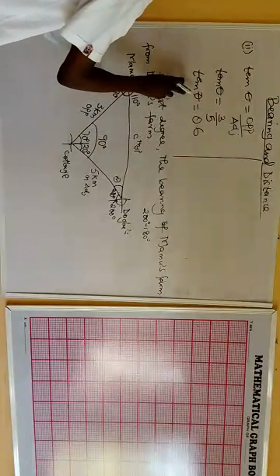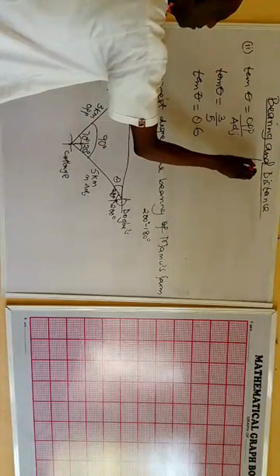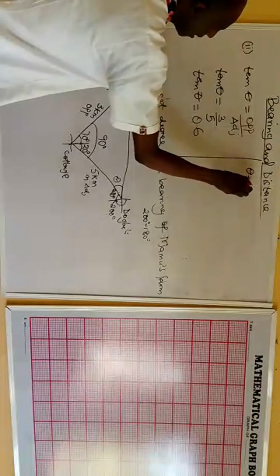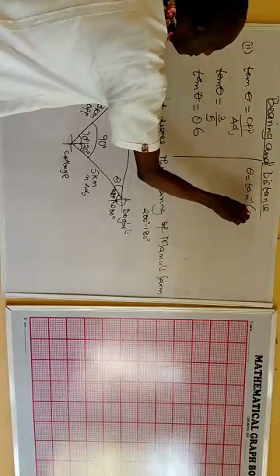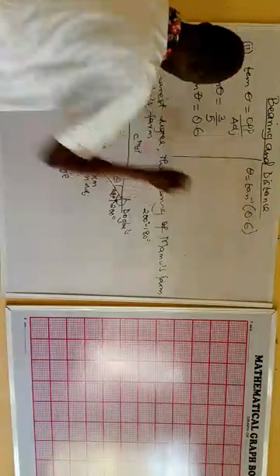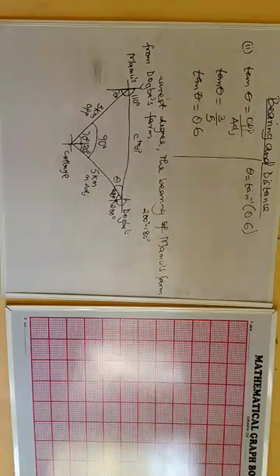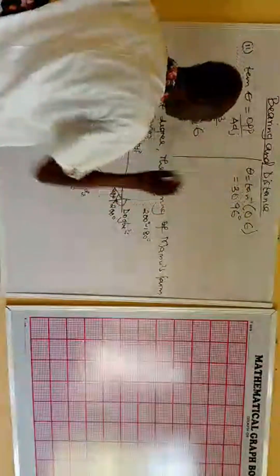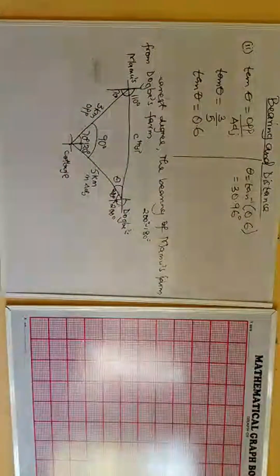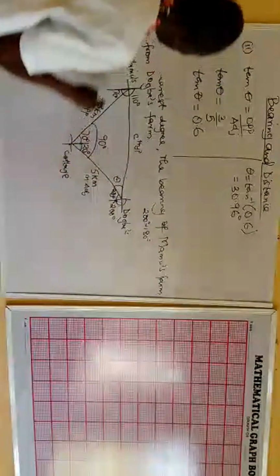Now, we are looking for theta, not tan. So theta is tan inverse of 0.6. You can use your mathematical table, and you can equally use your calculator. You press shift, you press tan, you press 0.6. It gives us 30.96 degrees.